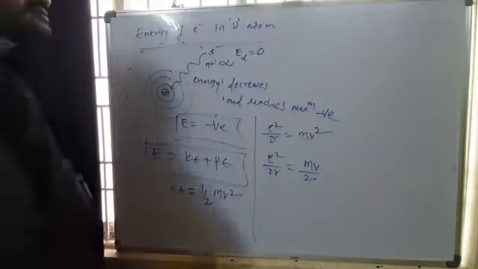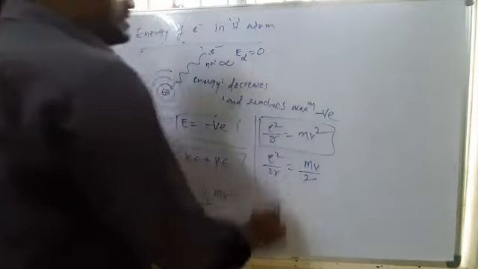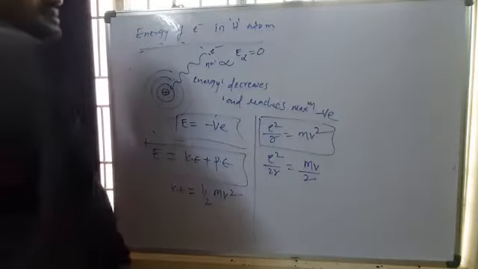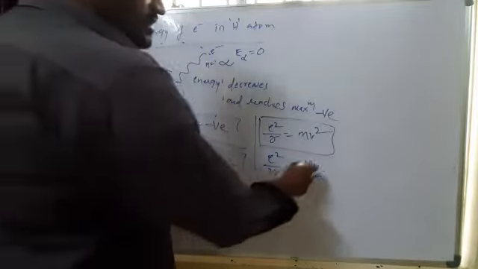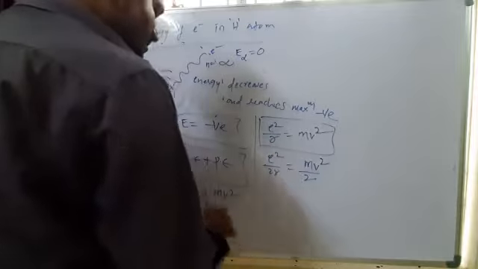Here e square by 2r equals half mv square, and half mv square is the kinetic energy.